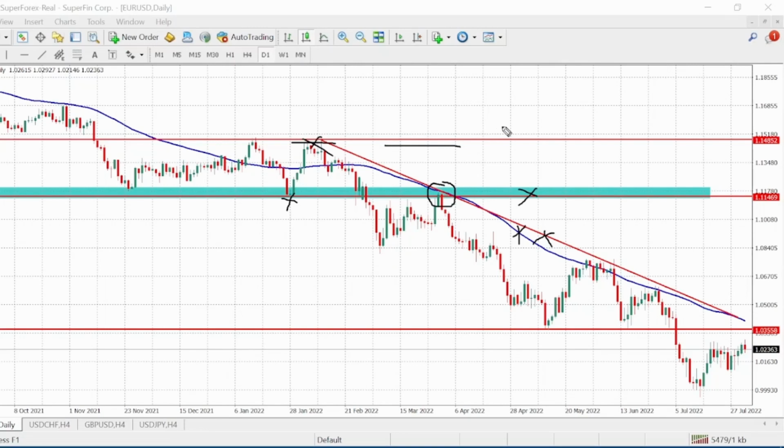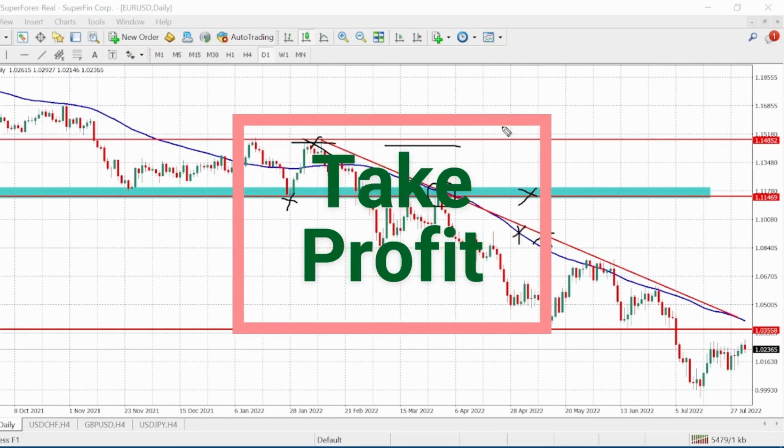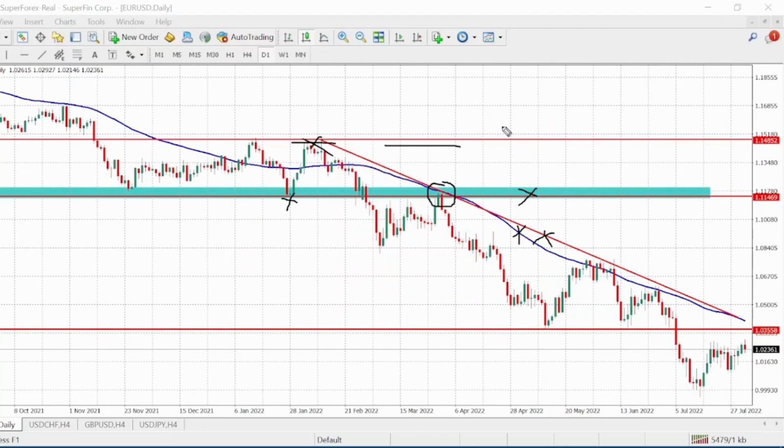Lastly, the last thing that you should be looking at is exit if you're right, the take profit. How do we determine our take profit? We can determine our take profit using 50 EMA, or alternatively, we can use price action to determine our take profit.